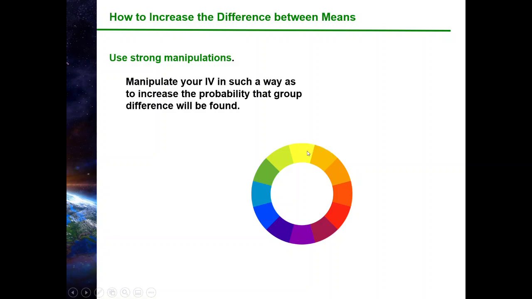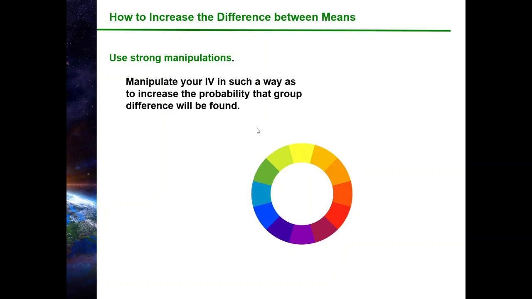If we wanted to increase the likelihood of seeing a difference between our groups, then compare yellow to blue, let's say, or to purple, or compare green to red. Look at colors that are very different from each other, and now you have a greater probability of finding a large effect.